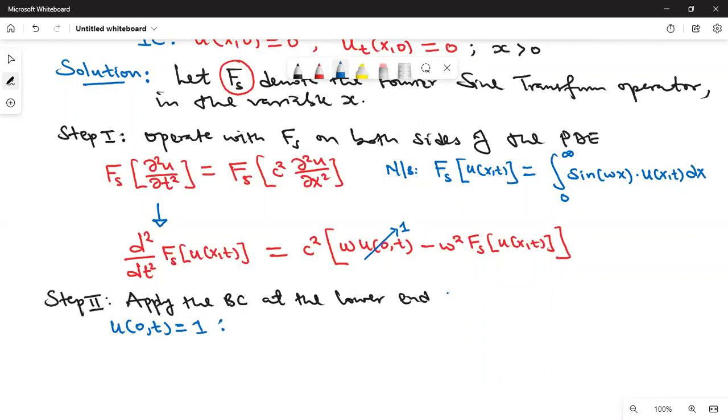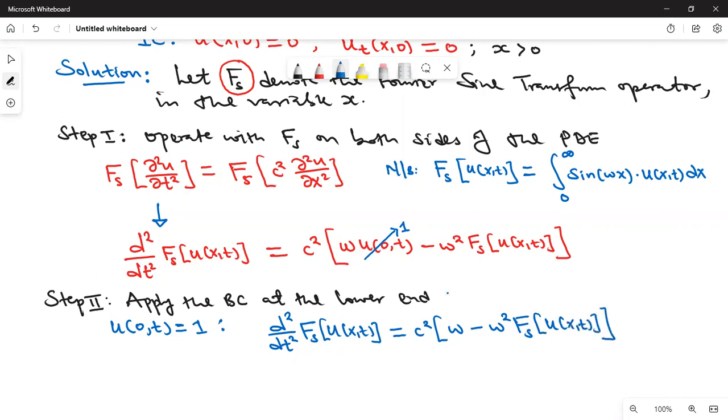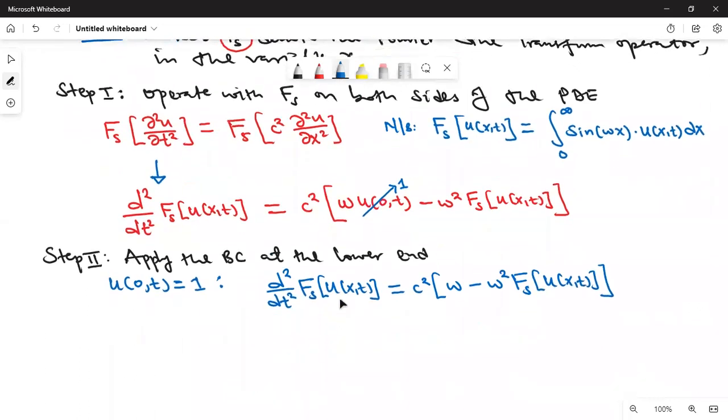Therefore the ODE will now be d squared dt squared of the Fourier sine transform of u of x t is equal to c squared into omega minus omega squared times the Fourier sine transform of u of x t. That's what we have.